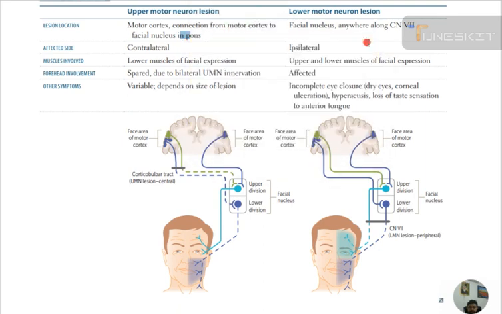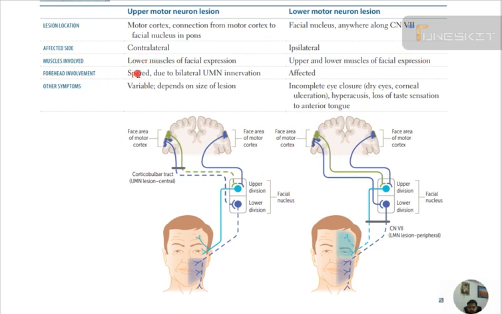So the lower motor neuron lesion. In this lesion, the facial nucleus or anywhere along cranial nerve 7 is affected. The affected sites are contralateral in one and ipsilateral in the other. Muscles involved: in upper motor neuron, the lower muscles of facial expression; in lower motor neuron, both upper and lower muscles of facial expression are involved.